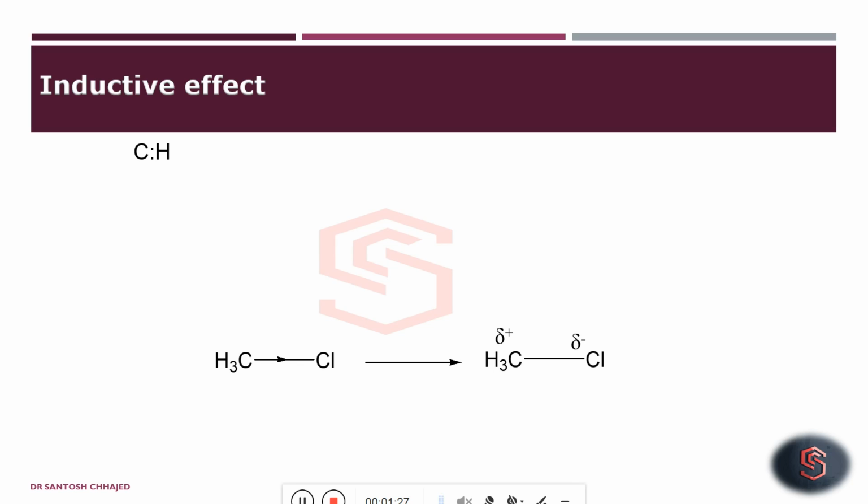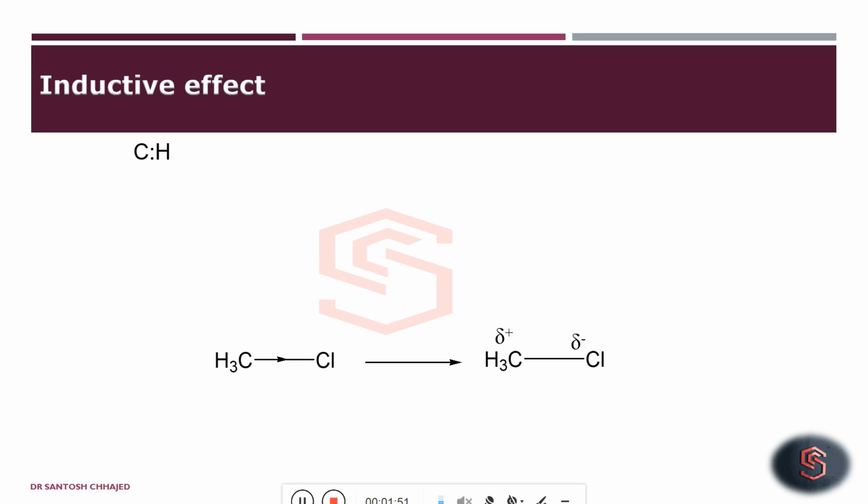Those elements on the extreme right side of the periodic table are electronegative, whereas those metallic elements on the extreme left of the periodic table are electropositive as compared to other elements. Now we'll see how this concept is useful in understanding inductive effect.